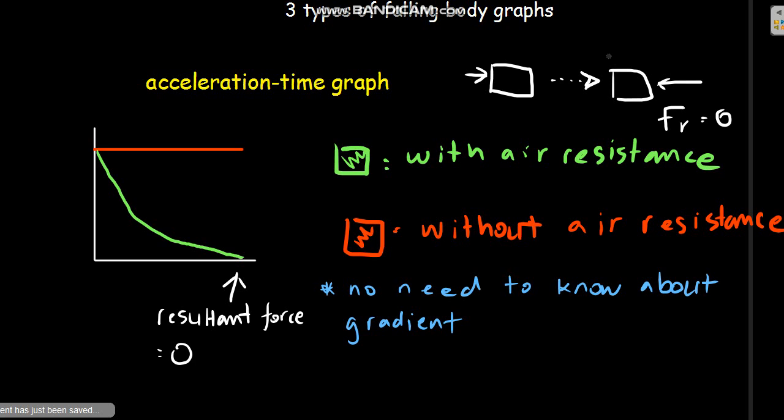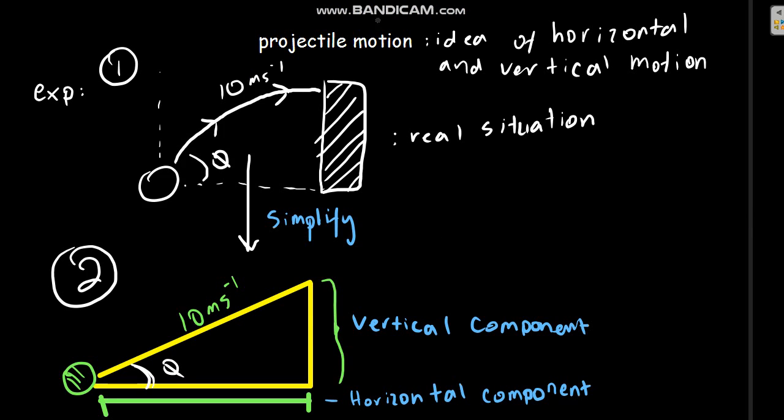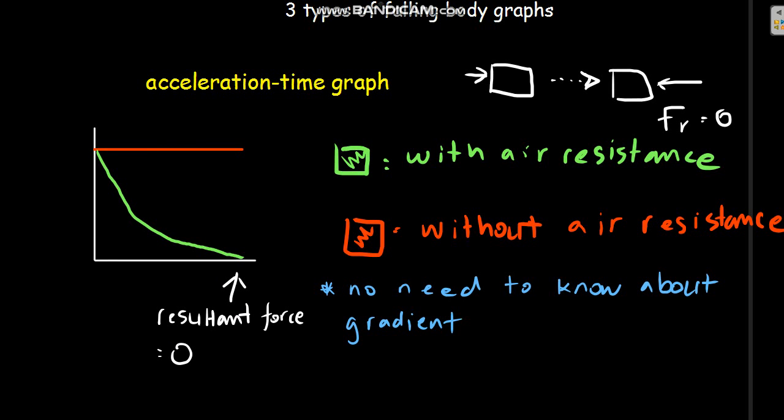But if it's in space, there's no air resistance, so it's going to go straight all the time. These lines represent the change of velocity, because acceleration means the rate of change of velocity. So it's going to keep accelerating at a constant rate. That's the 3 types of falling body graphs that you should know.